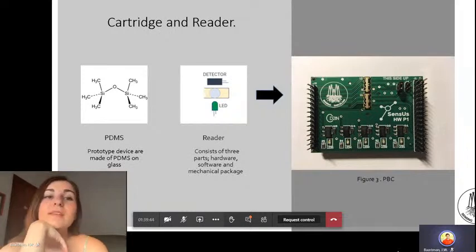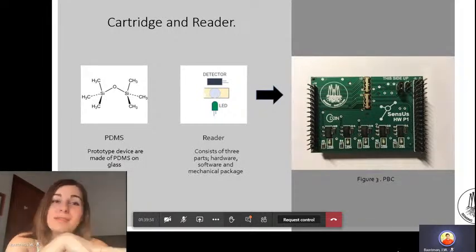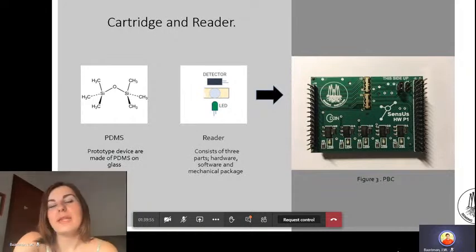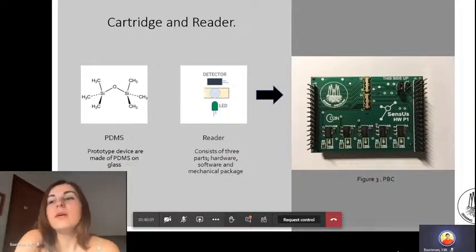The hardware is based on a PCB with an optical sensor that measures the amount of incident light, depending on the bubbles created over a certain time. This PCB is connected to a microcontroller. The microcontroller, together with the PCB, is connected to a computer which will receive and process all the data.